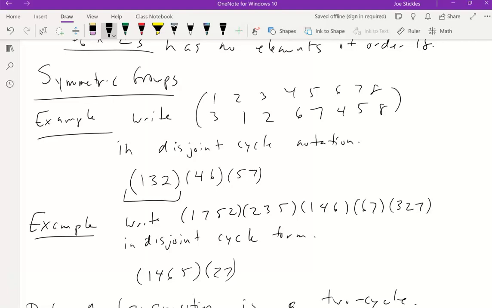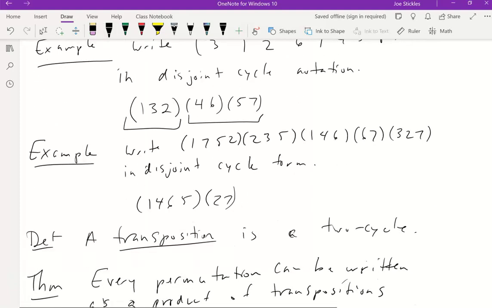You can do it as one less than the number of transpositions, right? So since it has length 3, I could write it as 2 transpositions, so it must be even. And how many more transpositions did we stick on the end? Yeah, 2, an even number, right? So if I put an even number of transpositions with an even number of transpositions, how many do I end up with? Even number. So the whole thing itself will be even.